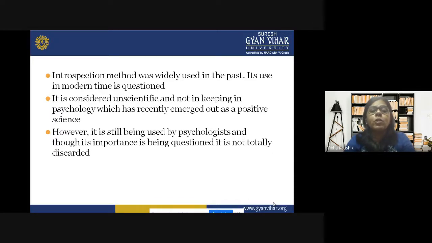The introspection method was widely used in the past. Its use in modern times is questioned.